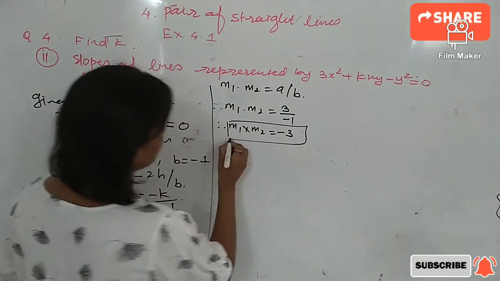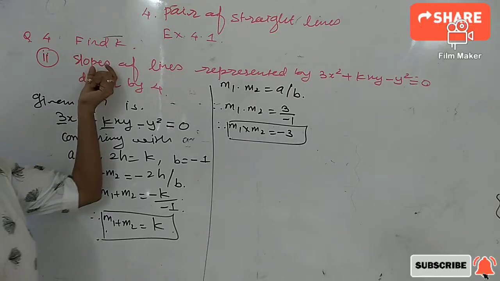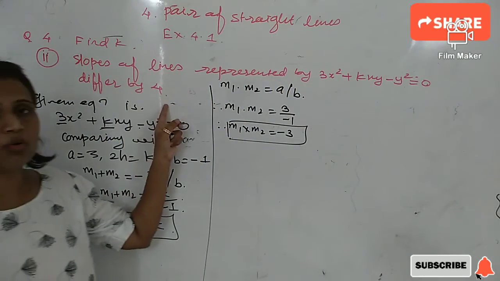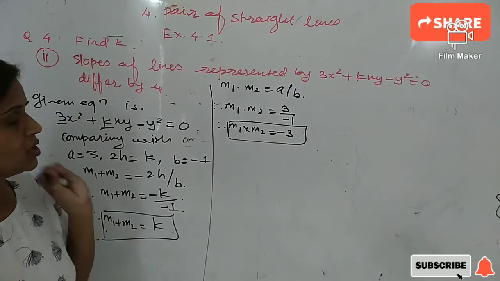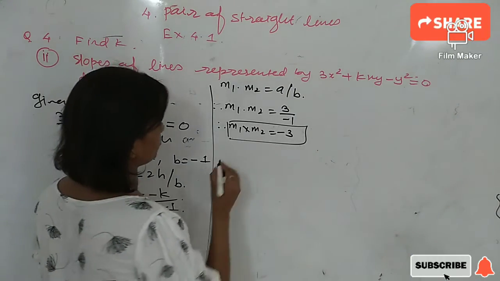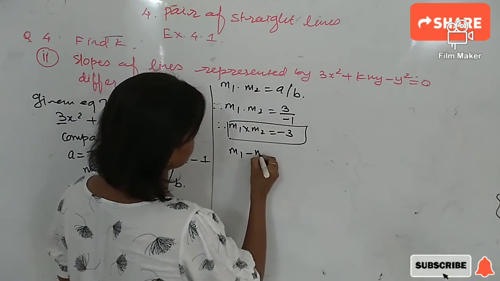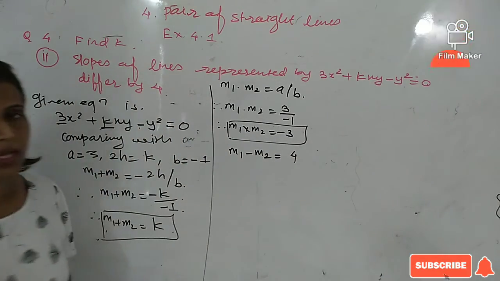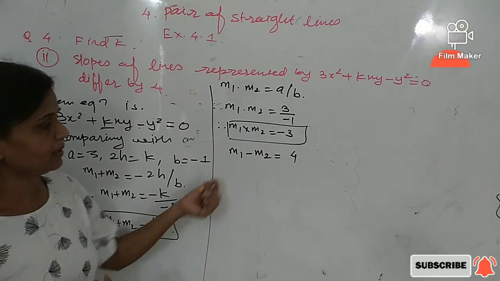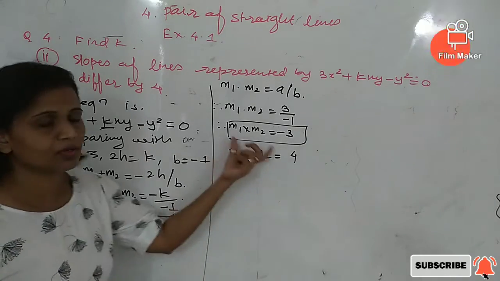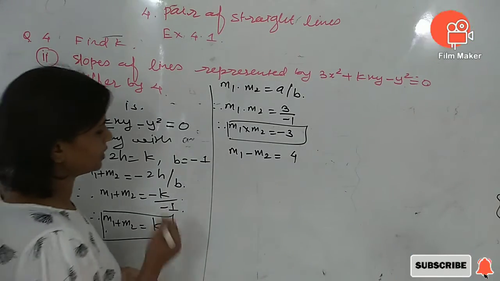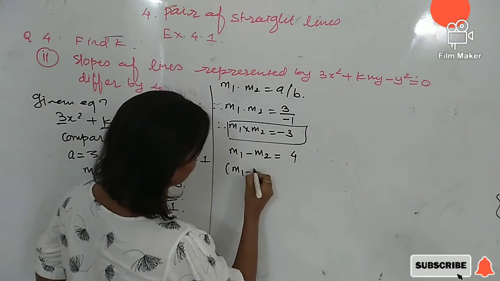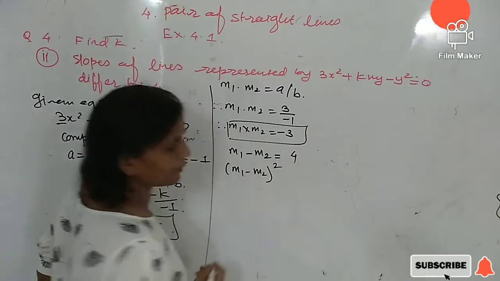Now what is given? Given is that the slopes of lines represented by this equation differ by 4, meaning the difference between the two slopes is 4, meaning m1 minus m2 is given as 4. So there is a relationship between this difference and the sum and product of slopes. Now what is the relation? I am using one formula here, m1 minus m2 whole square.